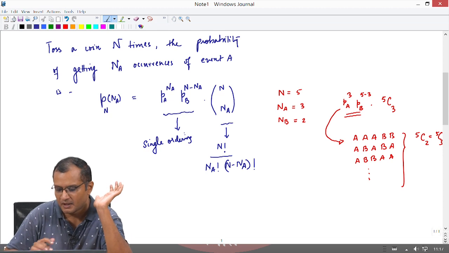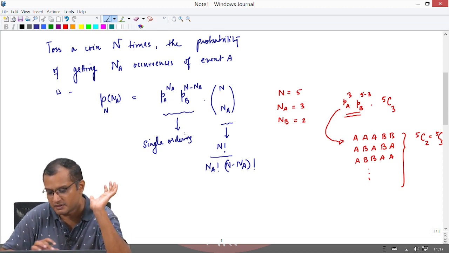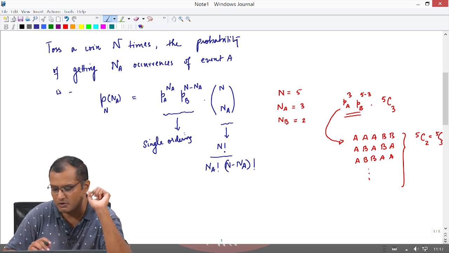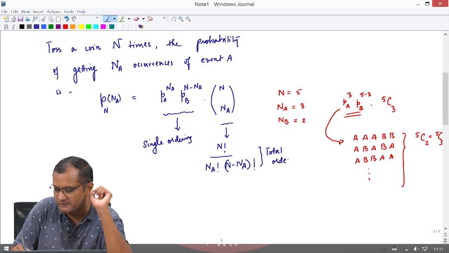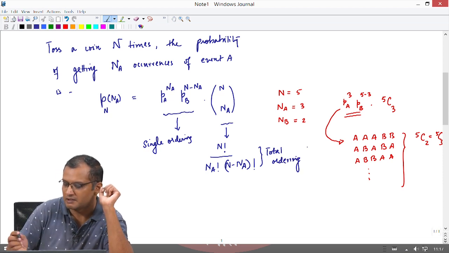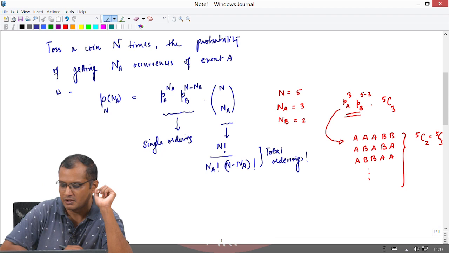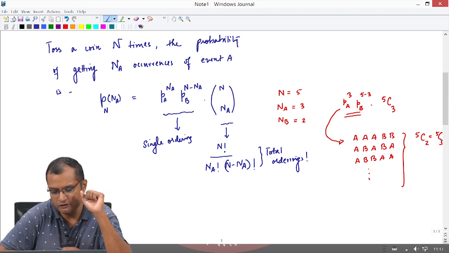And the multiplication factor here is the total number of orderings you can have for a given number of A outcomes. So, that is the meaning of binomial probability.